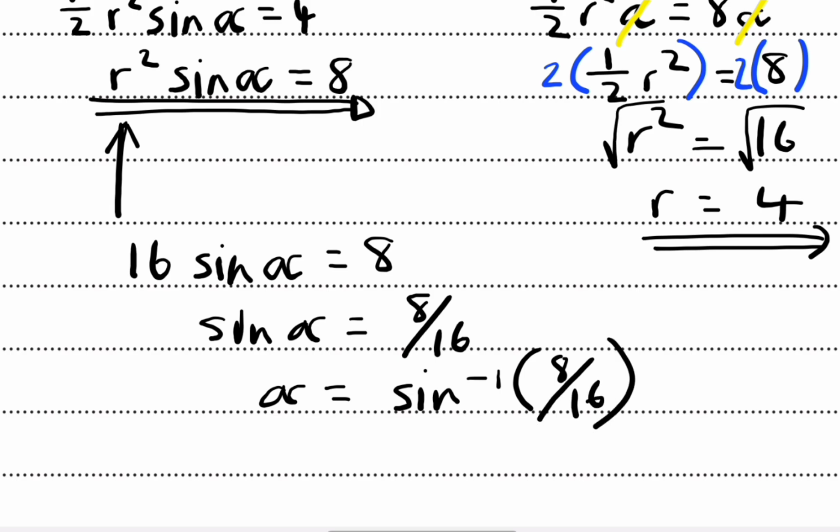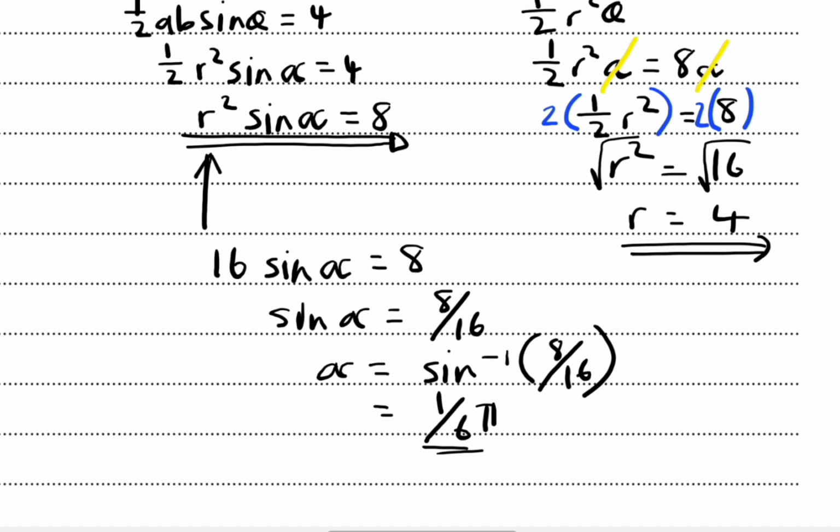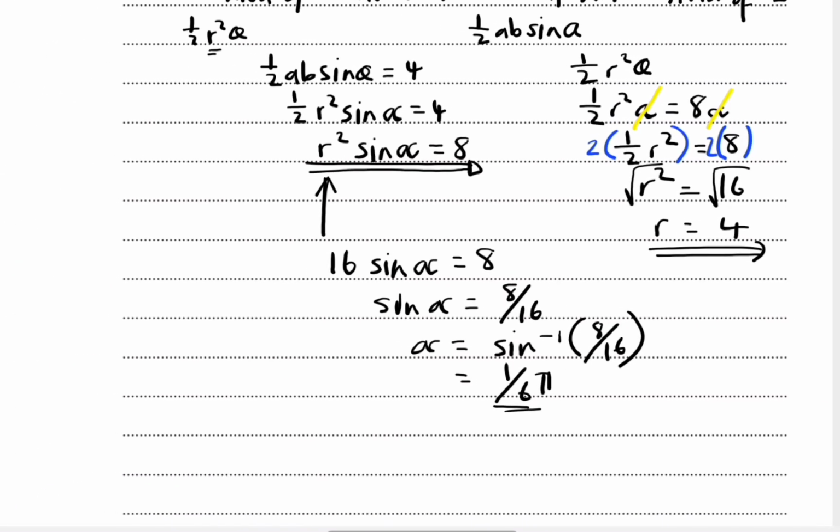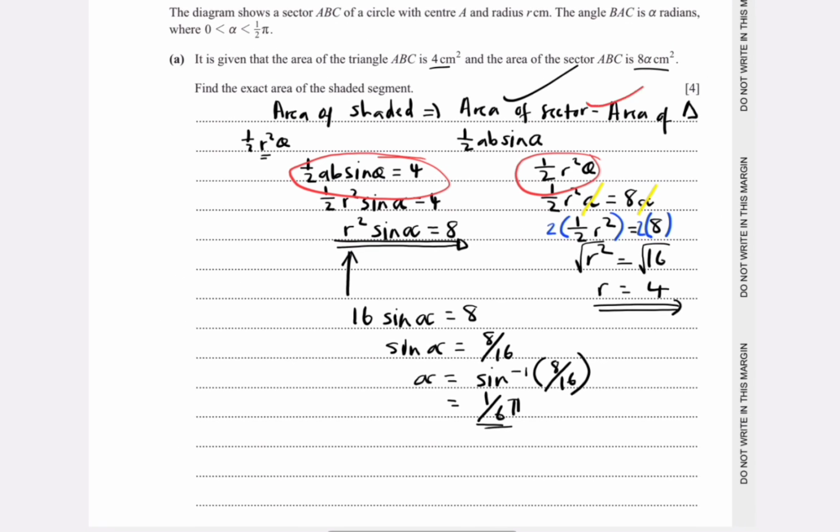And if we punch that in our calculators, making sure that our calculators are in radians, our alpha will come down to 1 over 6 pi, right? And now with these two values, the value for r and alpha, we're going to plug them back into these equations, right? Then we use this.